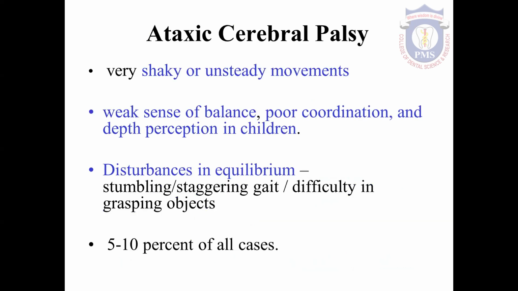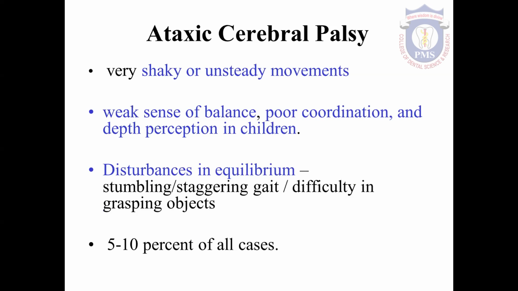Then the third type, 5 to 10% of cases, is the ataxic type of cerebral palsy. That is very shaky and unsteady movements. The most common thing is a weak sense of balance and poor coordination. And depth perception will also be affected.